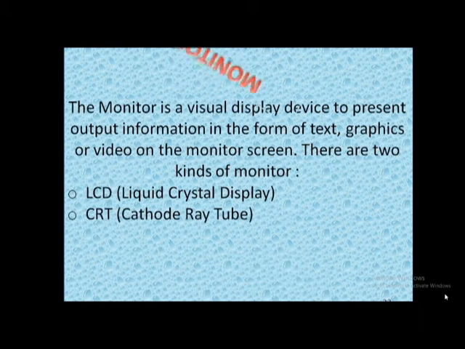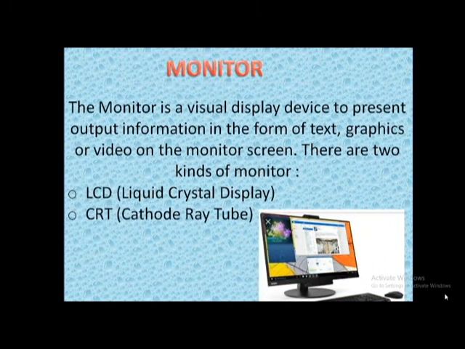Monitor. A display device is the most common form of output device. It presents output visually on the computer screen. The display device for a desktop PC is called a monitor. It is also one of the important parts of the computer because without a monitor the system can't work. Monitors are of different types with different resolution, size and characteristics.